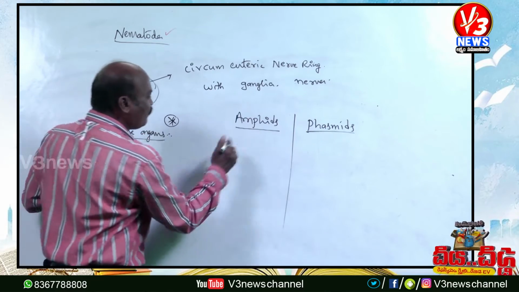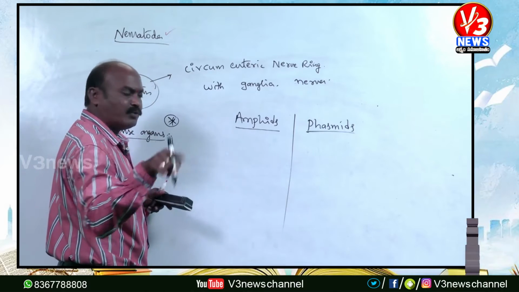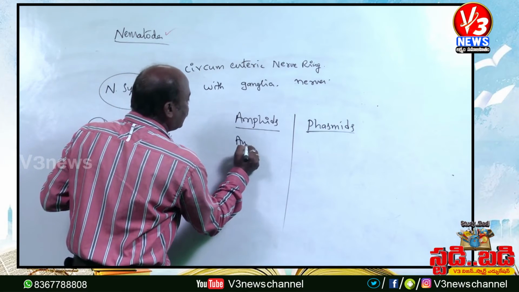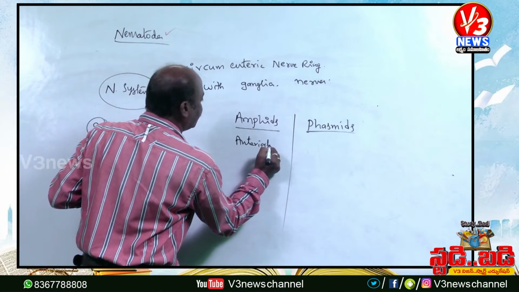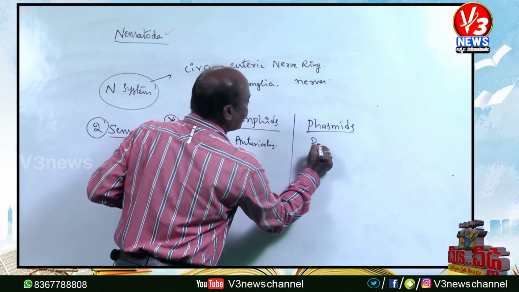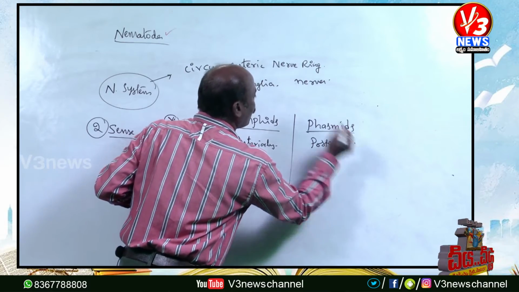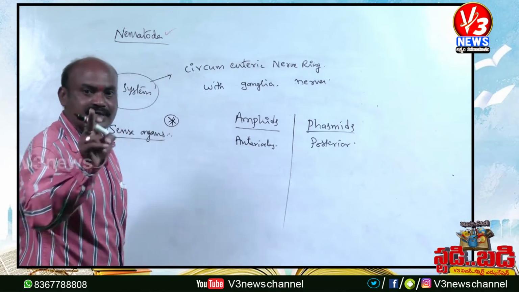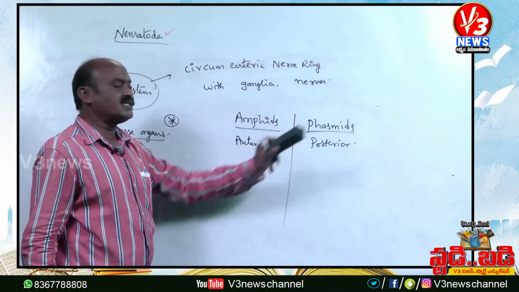See, amphids, first of all we can take their position: anteriorly, that is in the oral region. The phasmids are present in the posterior region. That is about the position of the sense organs.